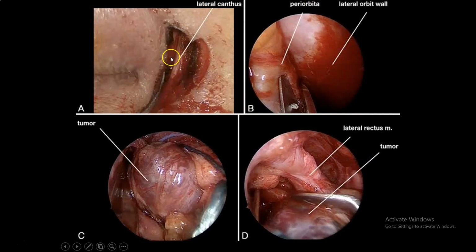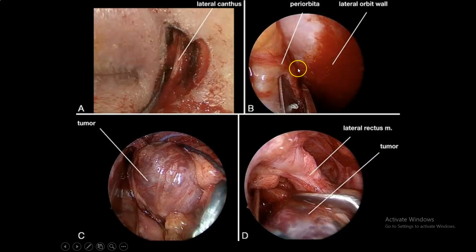And the last one, recently we can use the endoscope even for the laterally situated lesions. This is as if you are doing the lateral orbitotomy, but you do not do a horizontal incision, you do a vertical incision. This way you can introduce your endoscope and you can see the periorbita, and you introduce your endoscope between the periorbita and the lateral orbital wall.